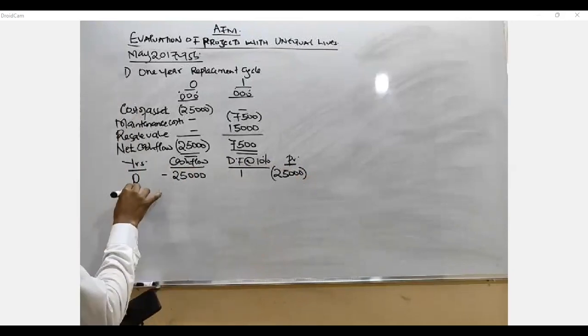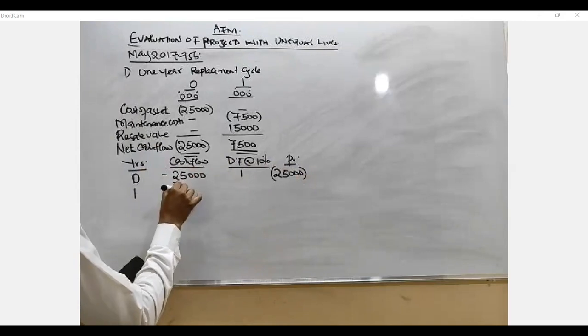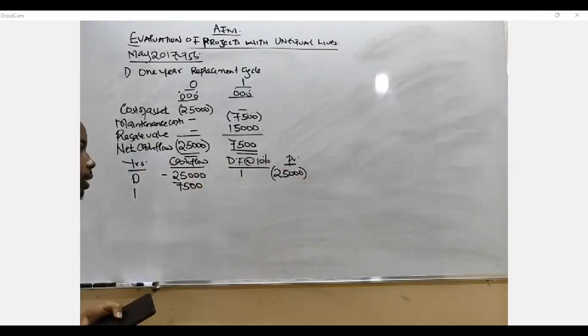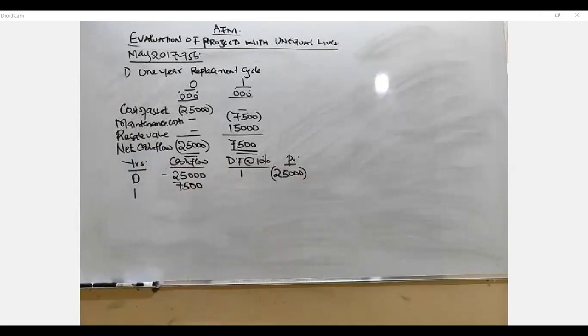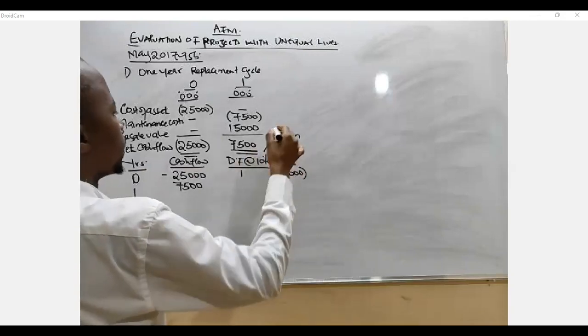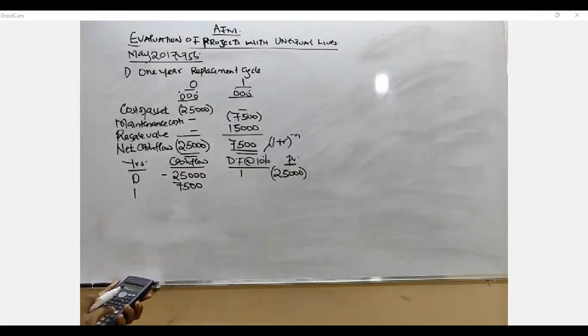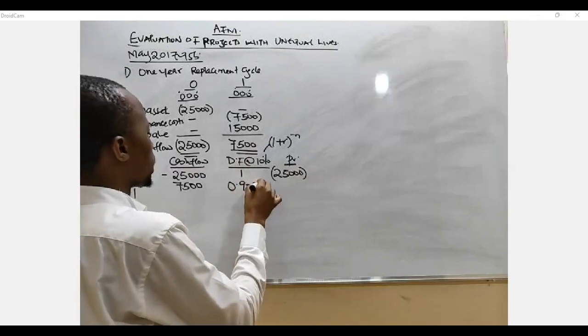Then we go to year 1, where we have a cash flow of 7,500. When you look at this cash flow, it is in the form of a lump sum. We are going to get 7,500 once. So the formula for a lump sum, we know, is 1 plus r raised to a negative n. So it is 1.1 to the power of negative 1, which is 0.9091.